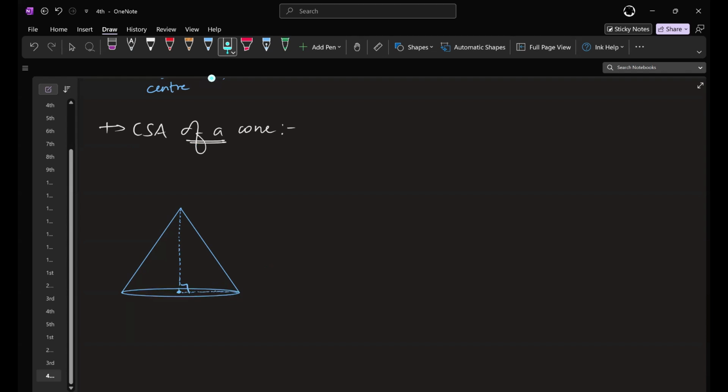Now, how to find the curved surface area of a cone? For that, let me insert a beautiful figure for you so that you are able to understand it clearly.